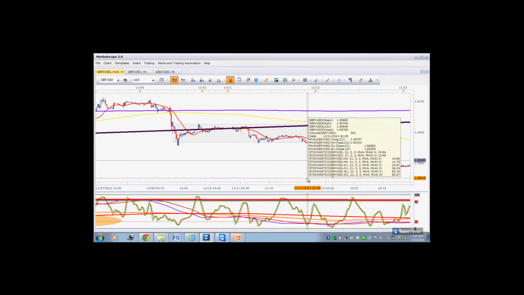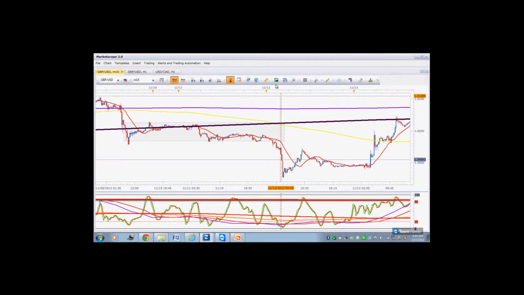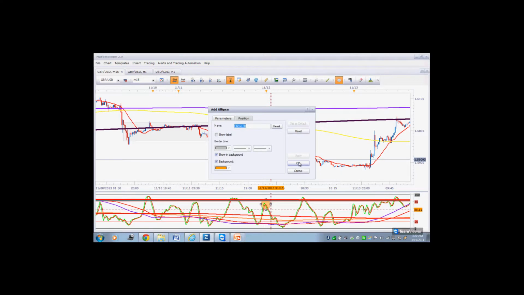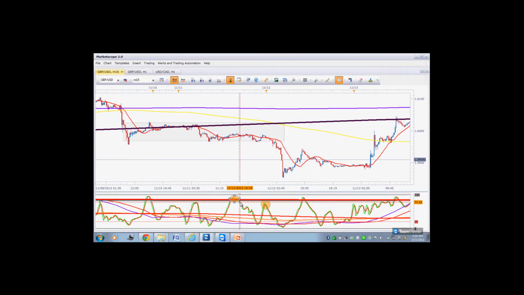You can actually enter when the 15-minute stochastic formed this lower low here. So there was a lower low there, okay, and then the opportunity to enter came around here on this lower low formation.